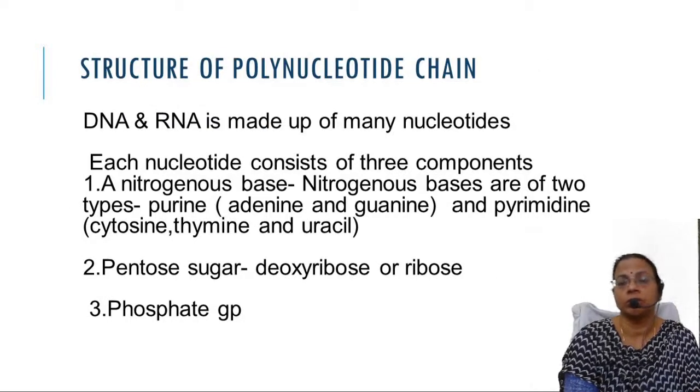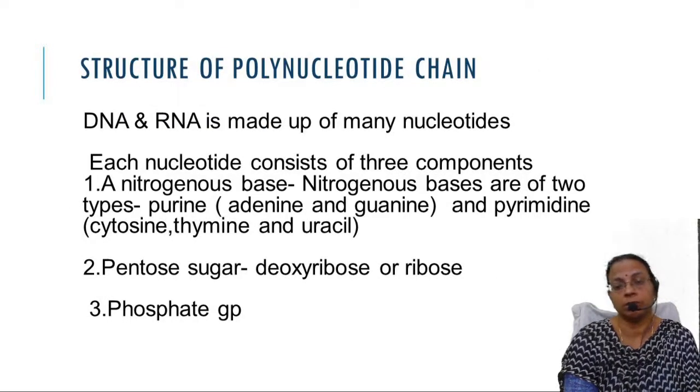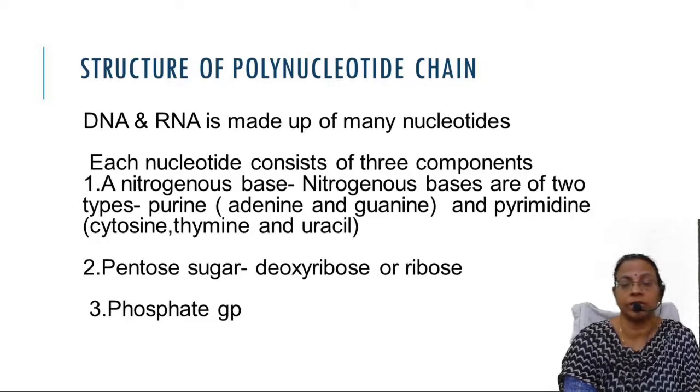This staircase structure and its characteristic features were proposed by Watson and Crick. Apart from that, it was helped by Rosalind Franklin, whose X-ray crystallographic studies gave them more support to conclude and elucidate the whole structure of DNA.